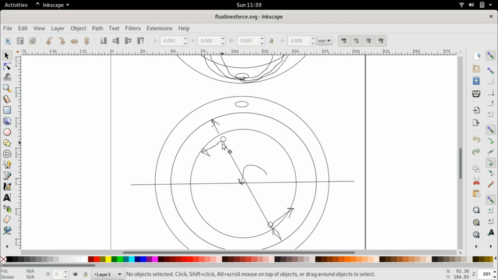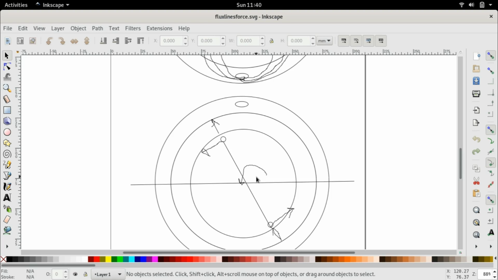We had said that we can assume a direction of current for the rotor bar, so there is a current in the upper rotor bar and the opposite direction for the lower rotor bar. If we apply Fleming's left hand rule, it results in these two mechanical forces. This is the direction of mechanical force, and for this lower bar, this is the direction of mechanical force. So it's quite obvious in this case that there is a torque which is produced, and this torque will cause the rotor to rotate in the counterclockwise direction.